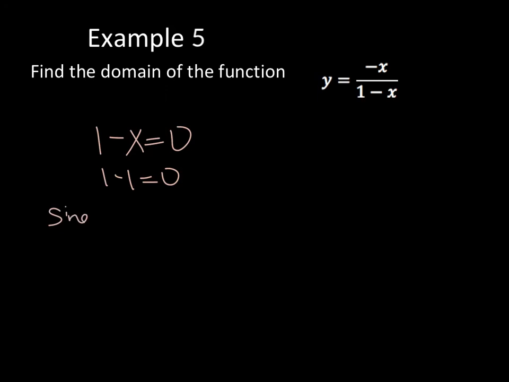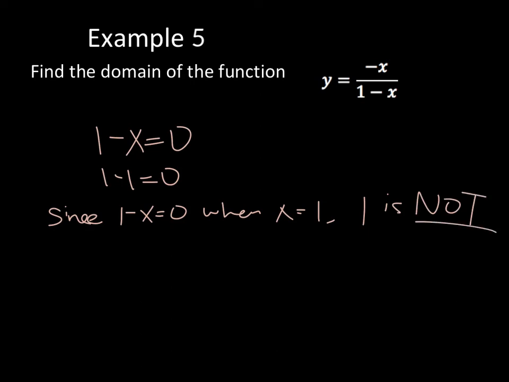Since 1 minus x equals 0, when x is equal to 1, 1 is not in the domain. And we know that this is because we cannot divide by 0. Any other number will work with this.